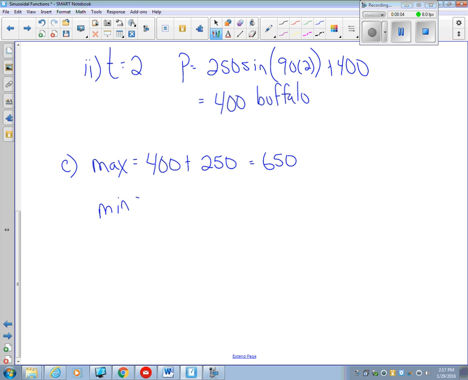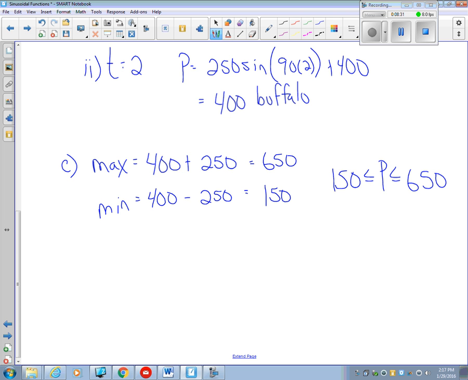Our min, our average was 400. Our amplitude was 250. If I subtract that, I get 150. So we can say our population was always, we'll call this P for population. That's what they were giving us. Between 150 and 650. Okay, never went higher or lower than that.